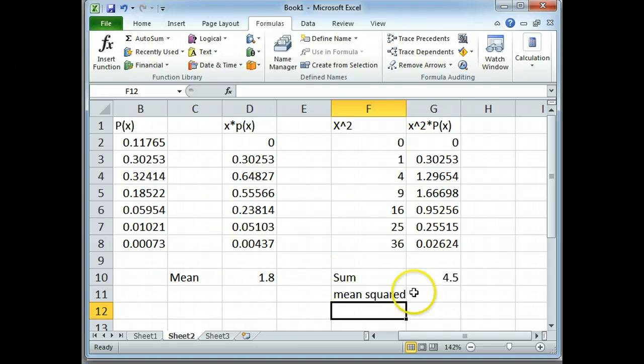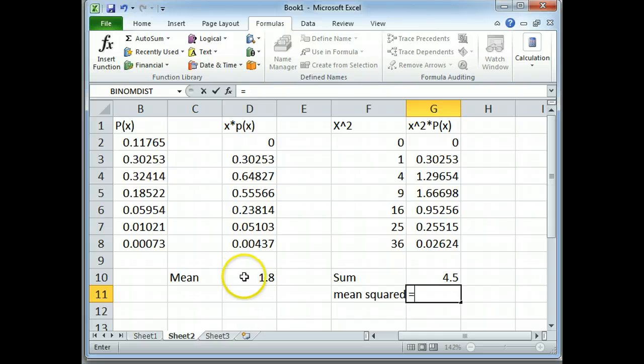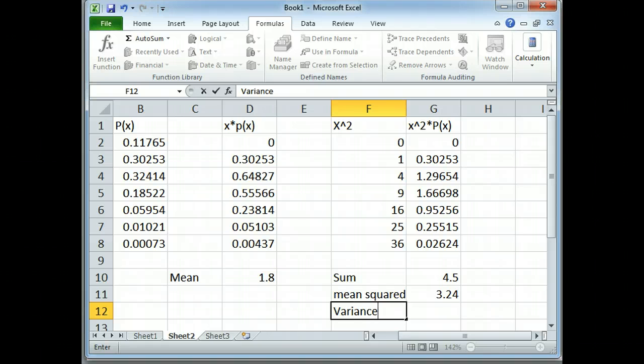Now I have a mean right here of 1.8. I'm going to have Excel square it for me by just telling it to multiply by itself. D10 times D10, that's where I happen to put it. Yours might be in different places, but I'm just going to find that mean value, multiply it by itself, and then I'm going to subtract to get the variance.